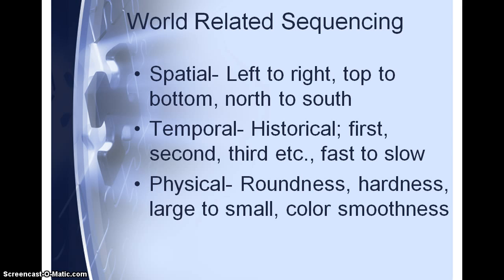Essentially using physical attributes like roundness, hardness, large to small, color, or smoothness to sequence your objectives. I remember my biology teacher or geology teacher ordered his objectives using physical sequencing by presenting the various rocks from softest to hardest.